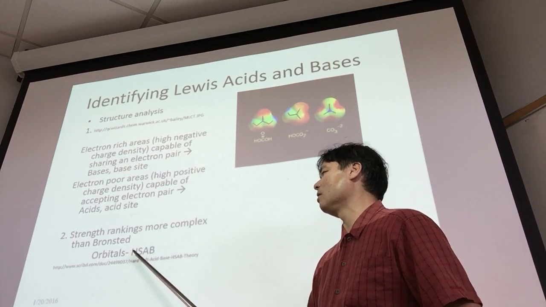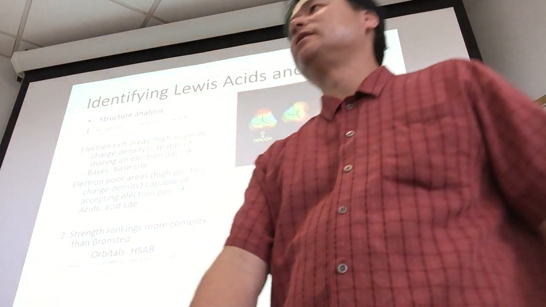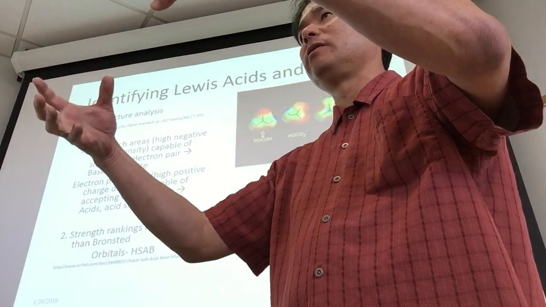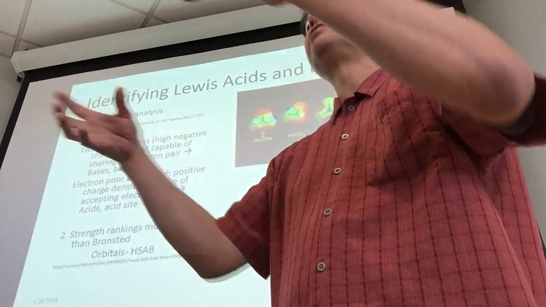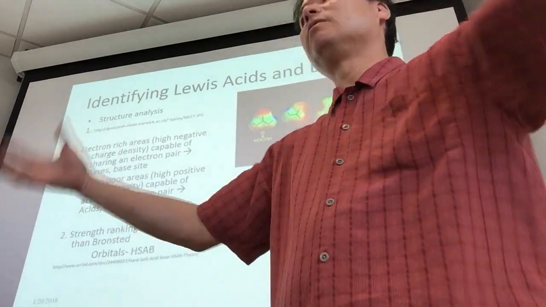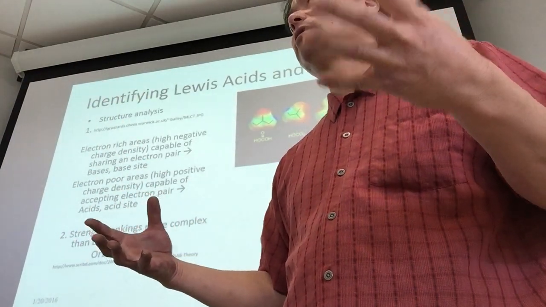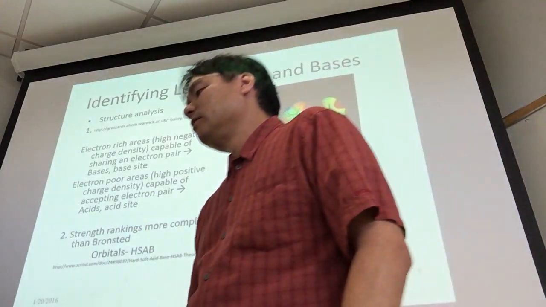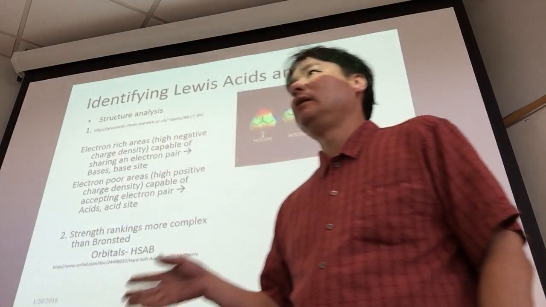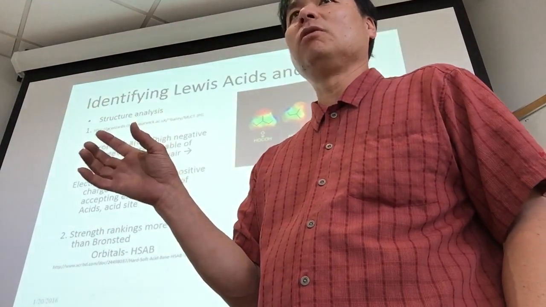HSAB stands for hard, soft, acids, bases. So a hard acid or hard base would be small orbitals. A soft acid or soft base would be big orbitals. So big orbitals are more polarizable, softer, right? And so HSAB can be used in understanding lead iodide versus lead chloride.